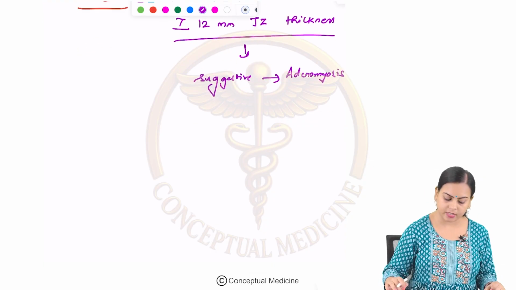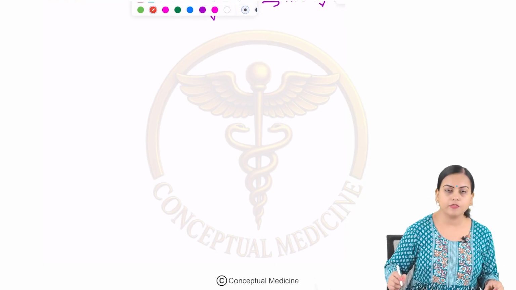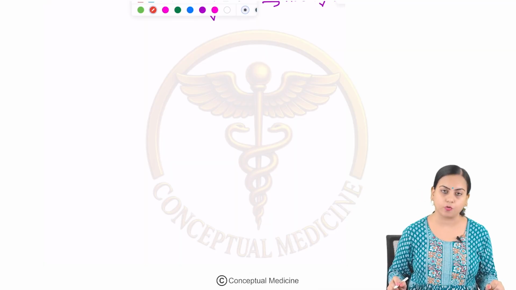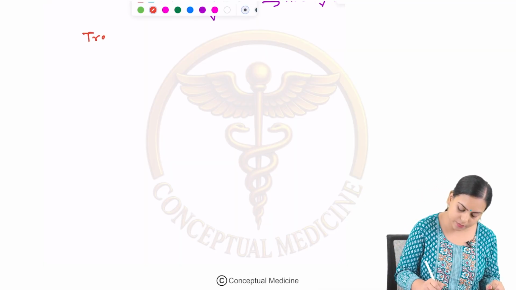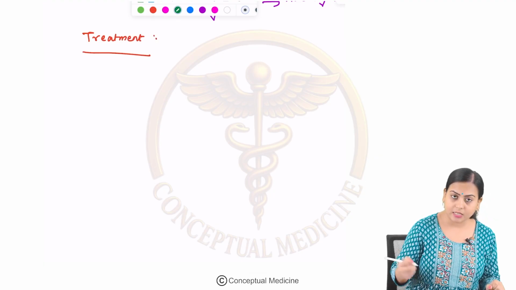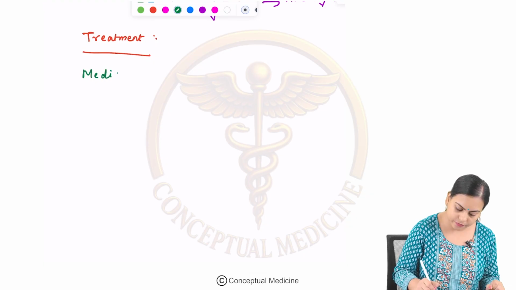Clear? Right. Now let us see how we will manage a case of adenomyosis. So treatment, let's see medical treatment first.